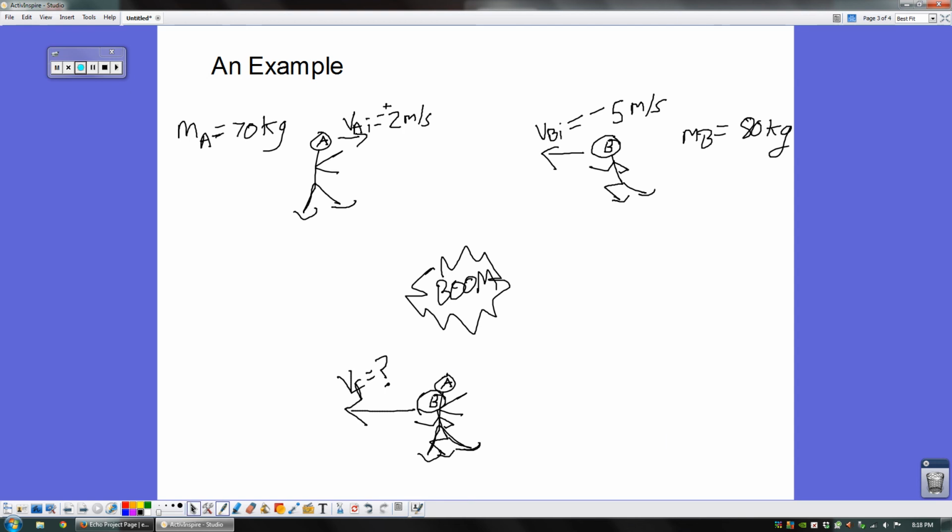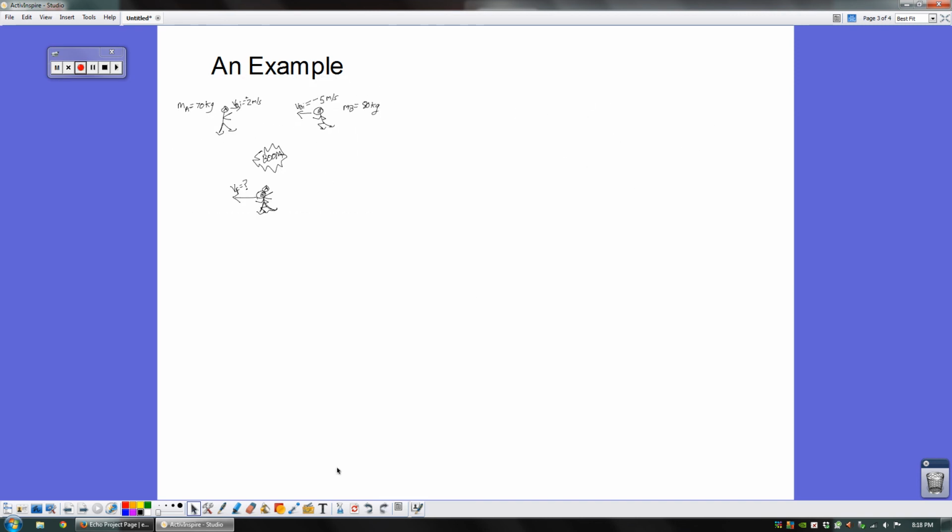All right. Let's find out. My equation states that MA times VA initial, the momentum of person A before the crash, plus the momentum of person B before the crash, must be equal to the momentum of person A and person B locked together after the crash.